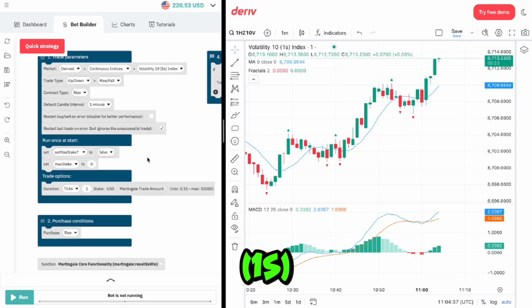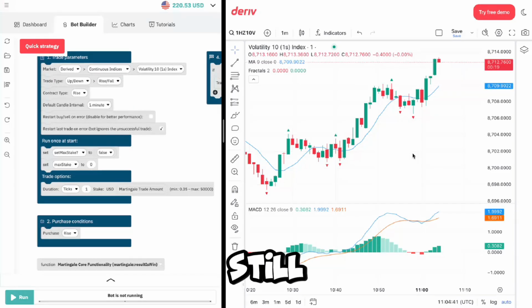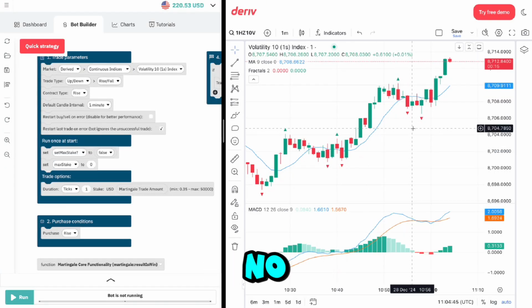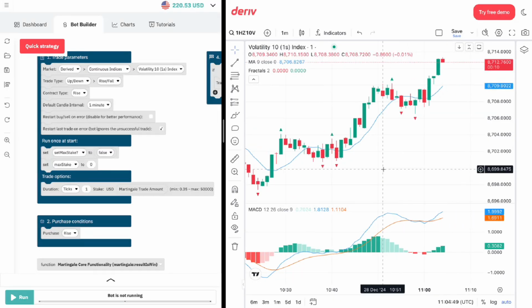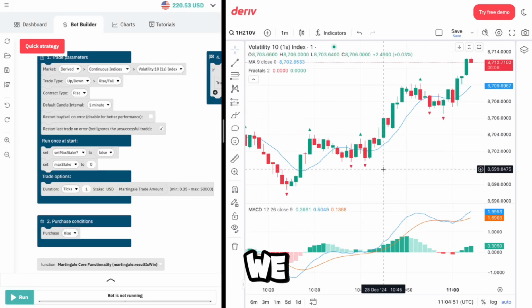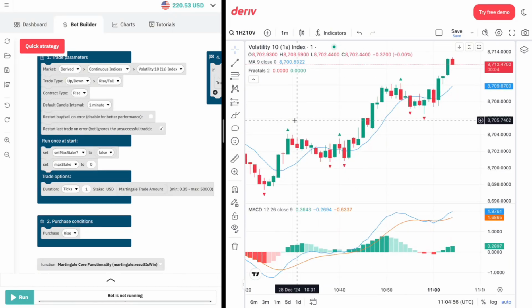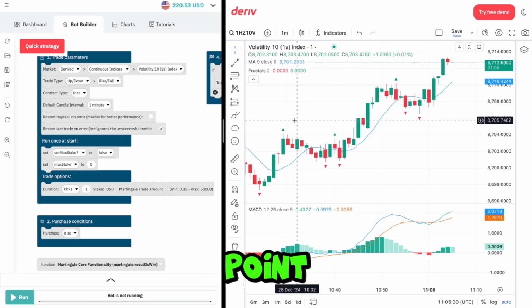Let's turn on S. Let's see if there's still a chance to keep trading on it. If there is, we'll keep trading. If there's no chance, we just move to something else. But I'm sure this market is gonna fall at some point.